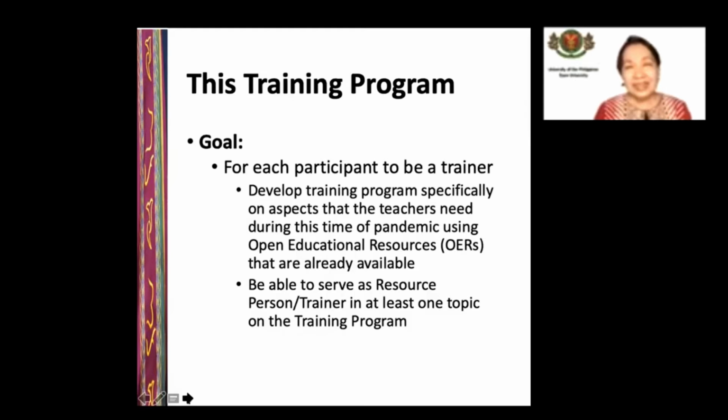Kasi I know that there may be at least one topic that interests you and will really motivate you to study it further, look for more materials, and develop a lesson plan for a particular topic which will be included in your training program. So yun yung gusto nating makita, the learning outcomes that we hope to accomplish towards the end of our training program.